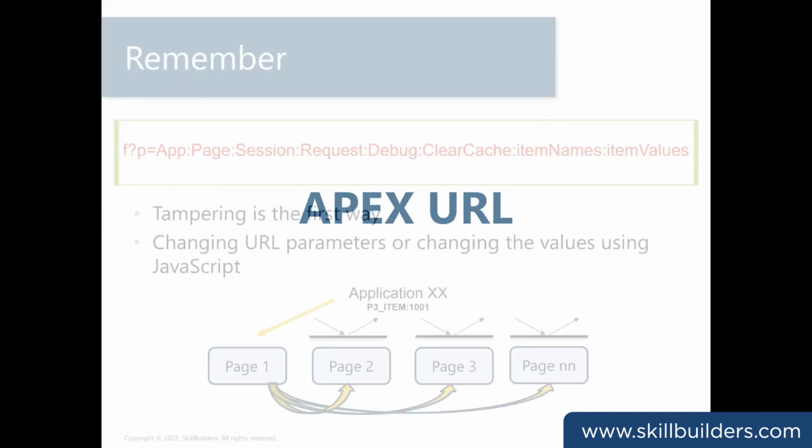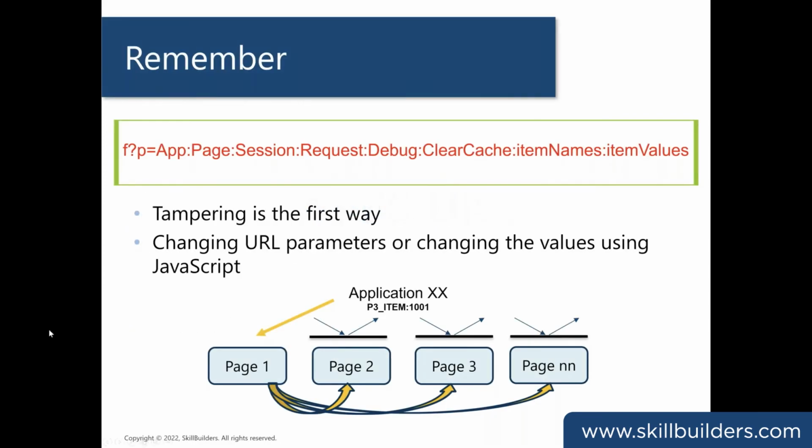Apex URL, don't forget. If you have 50 pages, 100 pages, thousands of pages, or just two, if you miss out on protecting one of them properly, all of the other ones are compromised.